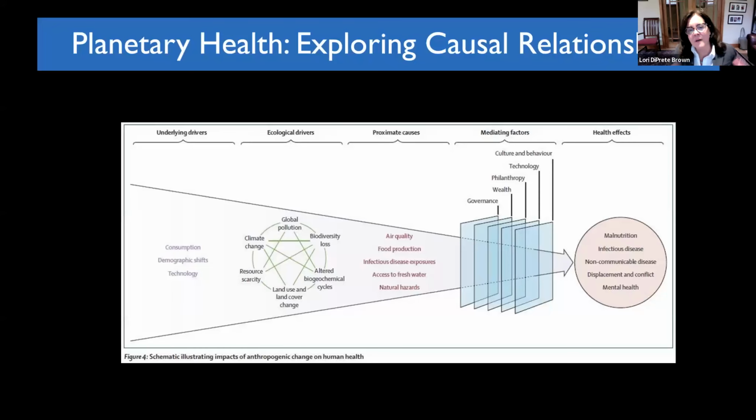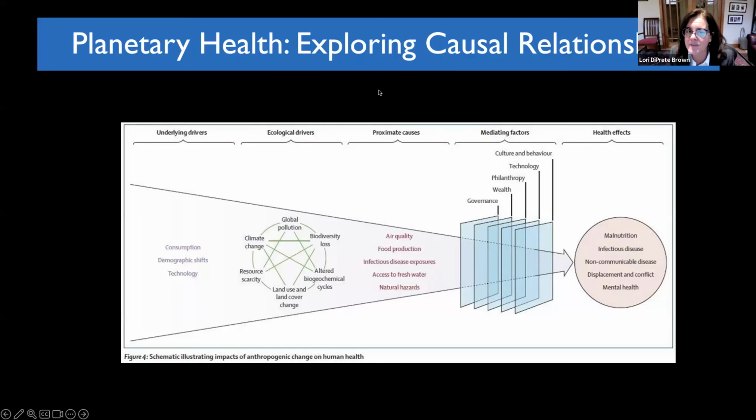And then we have the planetary health model, which gets more at the complexity of the different causalities. And here, you have the underlying drivers of health. Then you have the second label there, the ecological drivers. Then you have these proximate causes, things like air quality, food, access to fresh water, natural hazards.